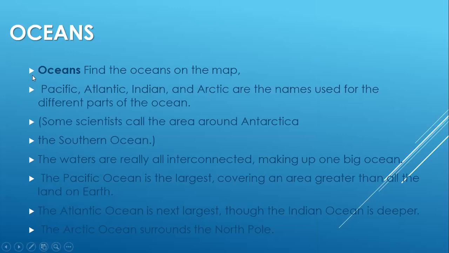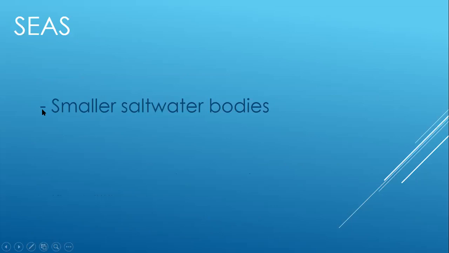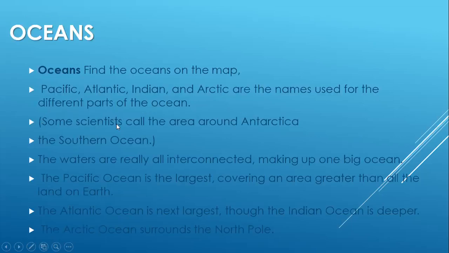The oceans can be found on the map: Pacific Ocean, according to its position, Atlantic Ocean, Indian Ocean, and Arctic Ocean. These are the names used for different parts of the ocean. Also, guys, some scientists call the area around Antarctica the Southern Ocean.